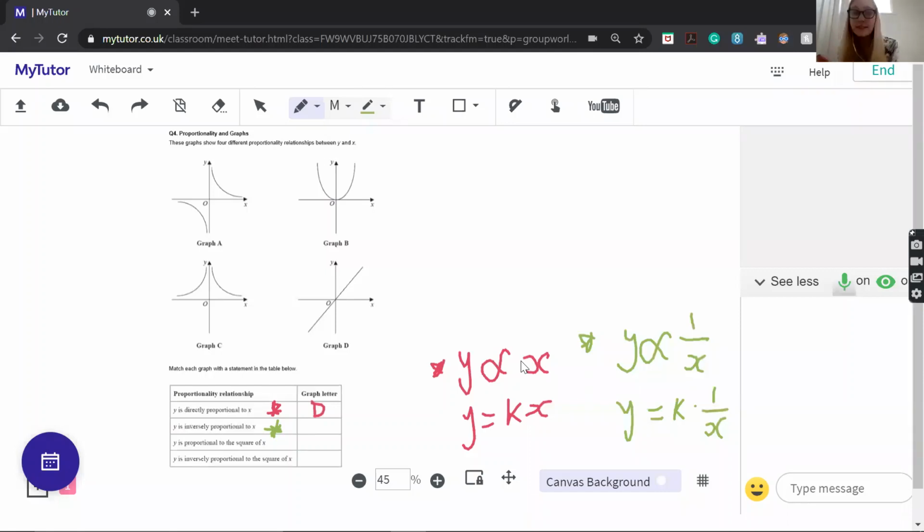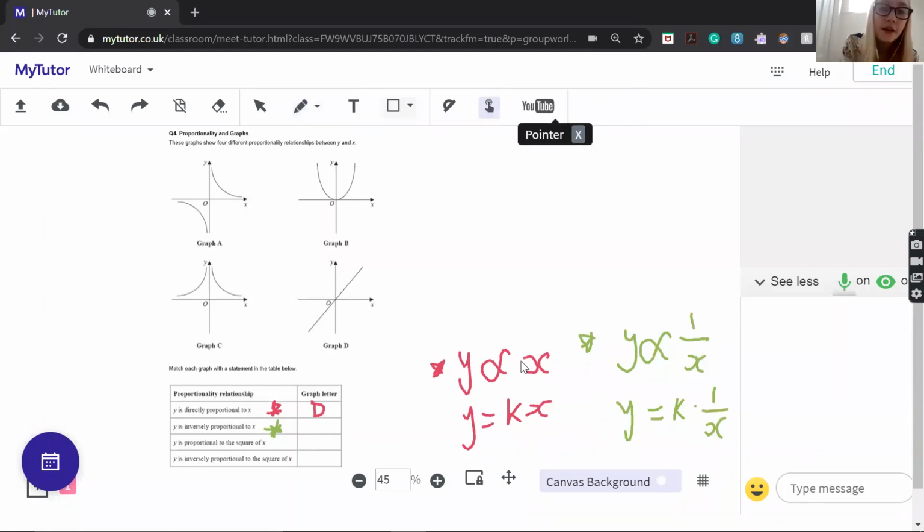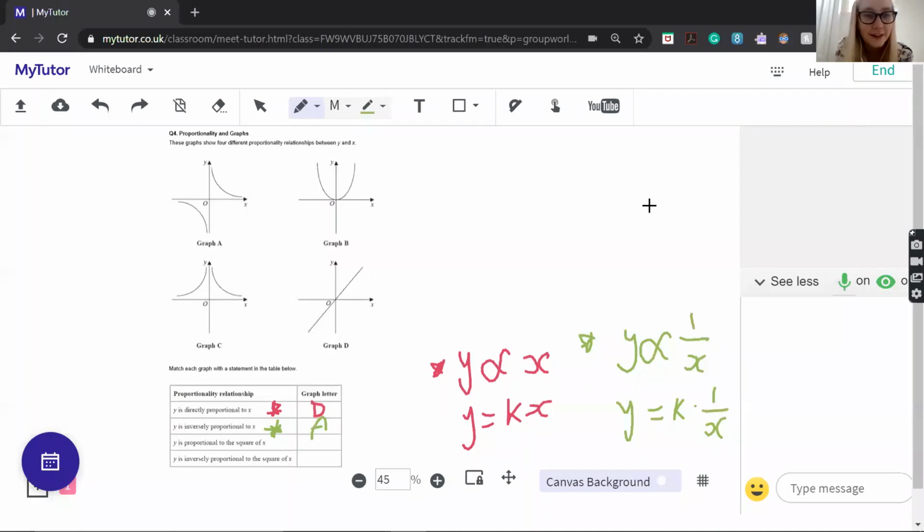Now, you might not have seen this before, but this is one that you just have to learn. It looks like this. So this is an inverse graph, a y equals 1 over x graph. It doesn't matter what k is. K will just stretch it one way or another, but without a scale, it looks the same. So this one's going to be A. And some people are getting these answers already, which is really great.